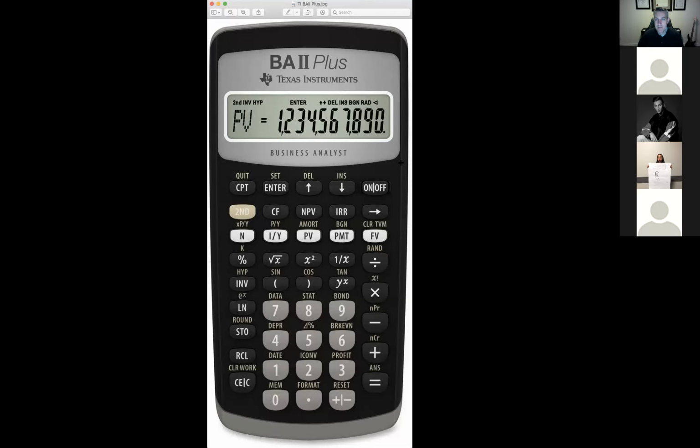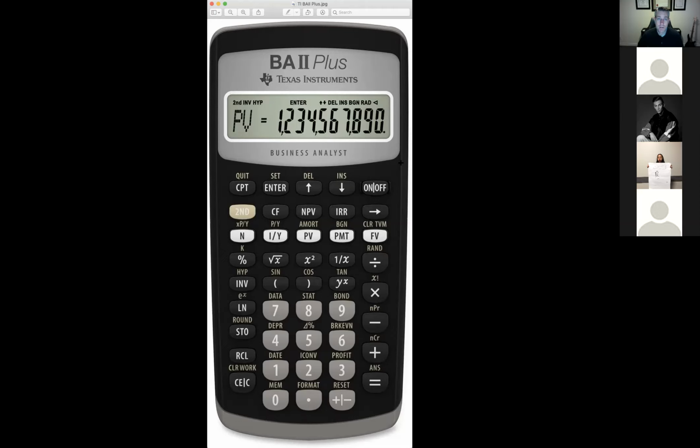Now, the reason why the school is requiring us to use this calculator is because it is the calculator that is allowed to be used on the CFA exam. So the CFA is the Chartered Financial Analyst, and the CFA is becoming more and more required to work in finance, not only in investments, but in corporate finance. It's becoming more and more popular thing to earn, and it takes a lot of work.